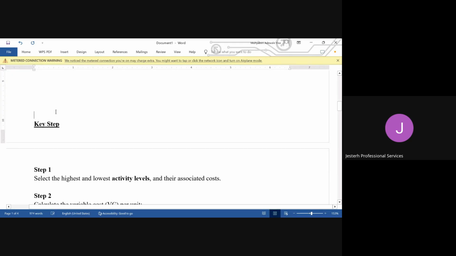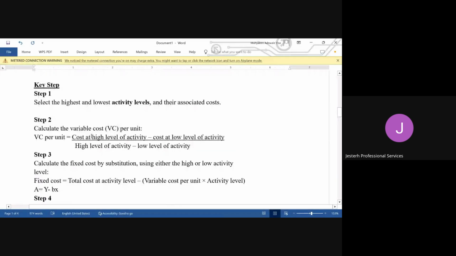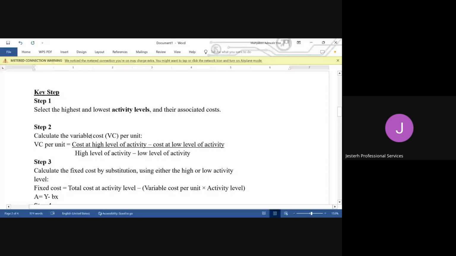Now, the key things that we need to understand when we are preparing the high and low method are basically 4 things. Number one, we need to know the high and the low level of our activities and the costs that are associated with them.